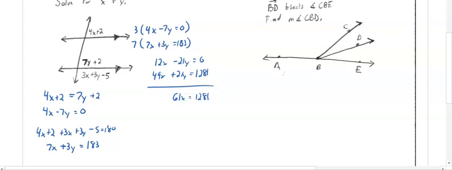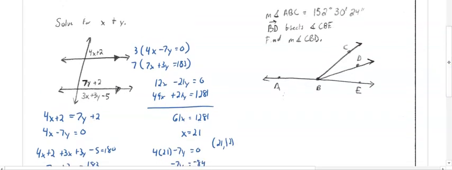We divide by 61. We get x is 21, and then we can substitute that back in. So 4 times 21 minus 7y equals 0. Negative 7y is equal to negative 84. So when we divide, y is 12. So we get 21, 12.